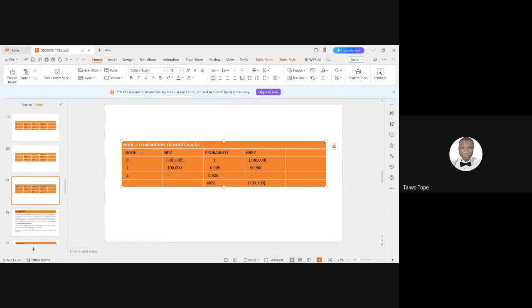It is expected net present value. Now we have the nodes that make up J will be what? A, B, and what? And C. Their respective NPV is what? 209,100, 126,500, and 100.